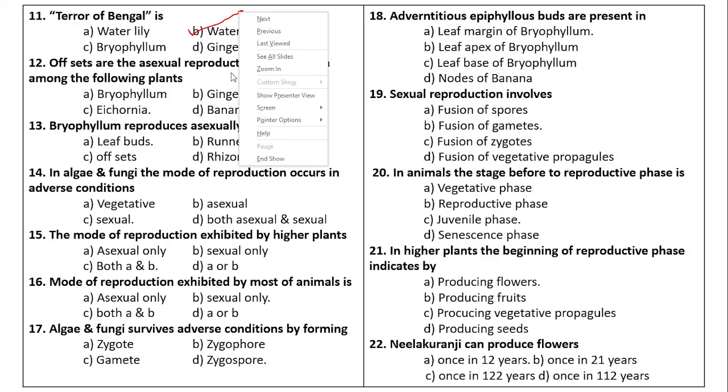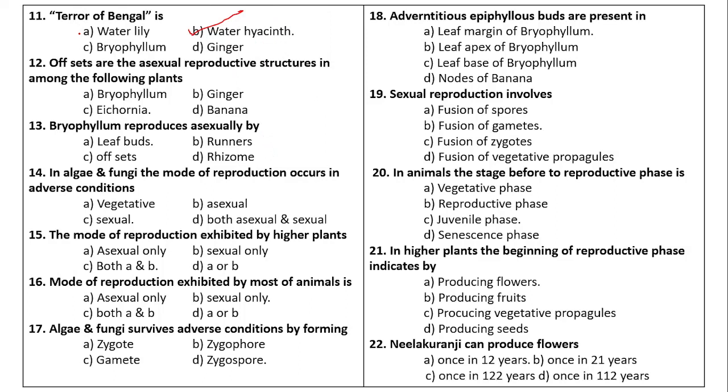Pistia, the name of the plant. In Pistia as well as in the case of Eichhornia. And to remember that, what is Eichhornia? Nothing but the scientific name of what? Terror of Bengal, water hyacinth.